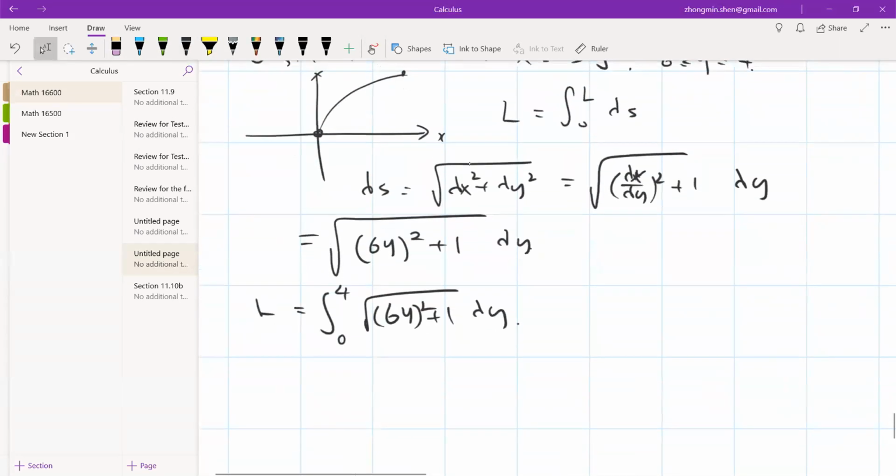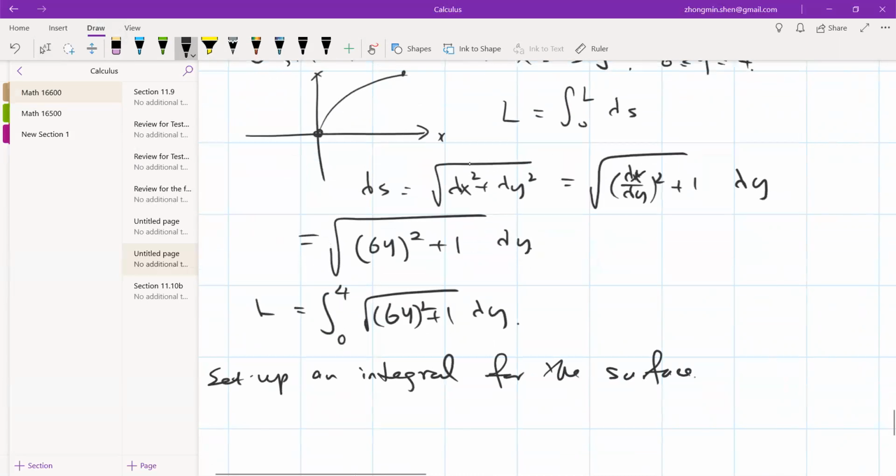The next one is to set up an integral for the surface area.